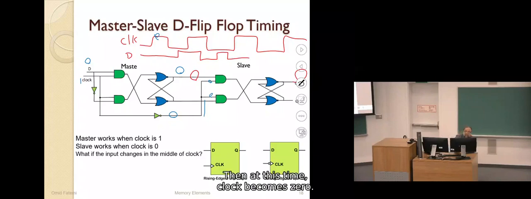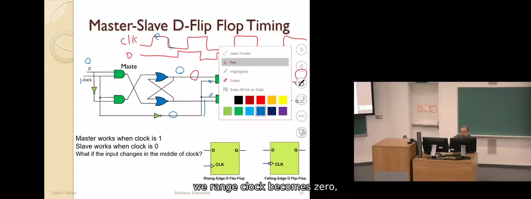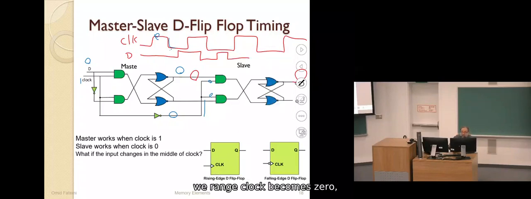Then at this time, clock becomes 0. When clock becomes zero, for example, with orange, D is still zero. You see, D is still zero.